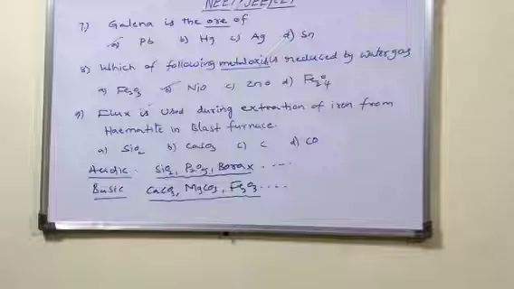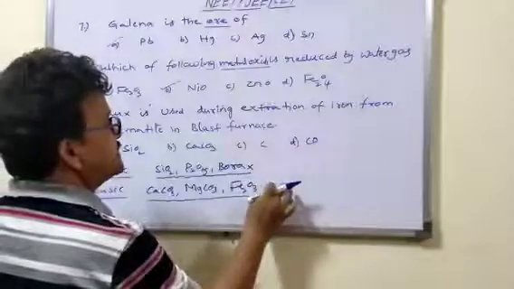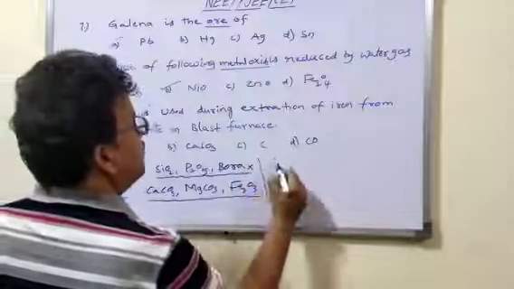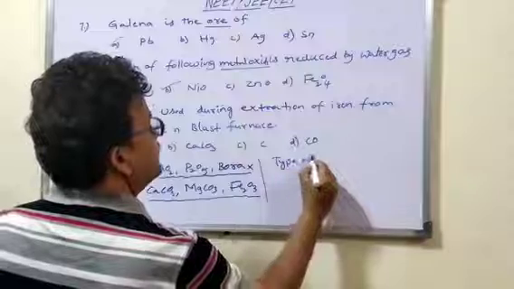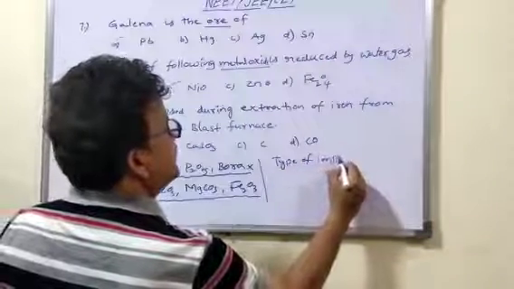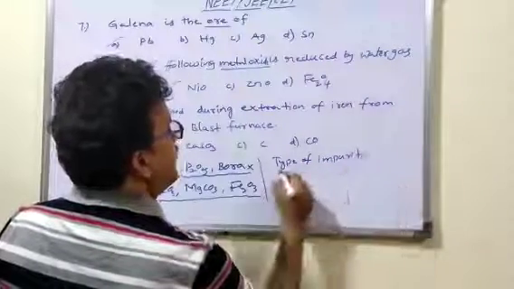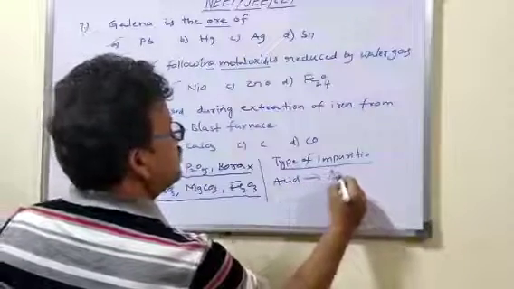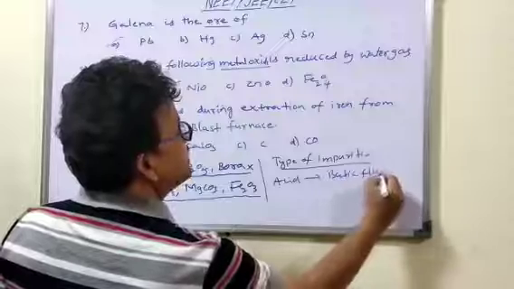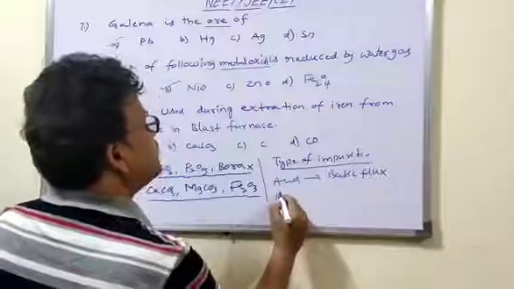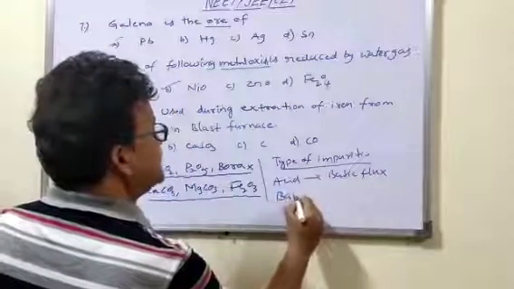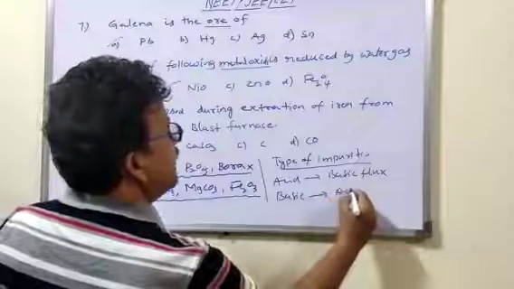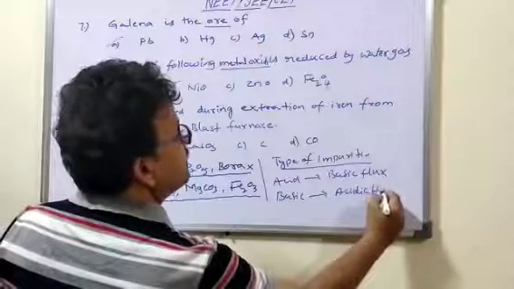But in the blast furnace, for iron extraction, the selection of flux depends on the type of impurities. If impurities are acidic in nature, we have to use a basic flux. If impurities are basic in nature, we have to use an acidic flux.